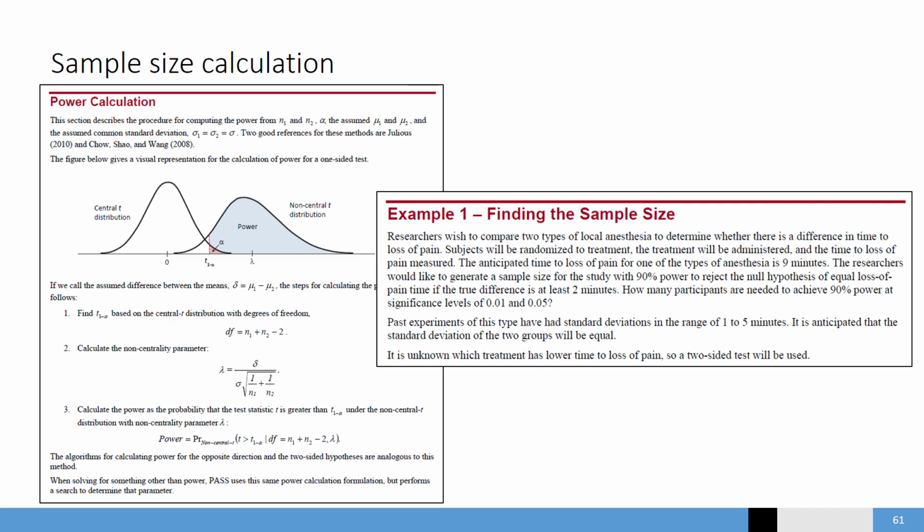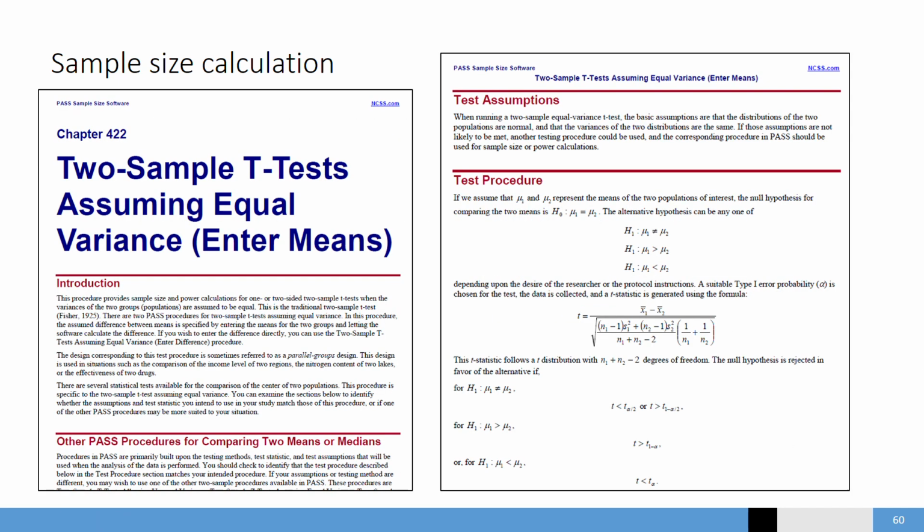So I have been able to map completely my problem of lesion area into this example. Then that is the calculation that I want to do. The second observation that I want to make is that this is procedure 422. Actually, in this program there are more than 1,000 ways of calculating the sample size.